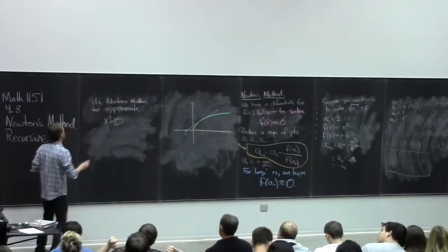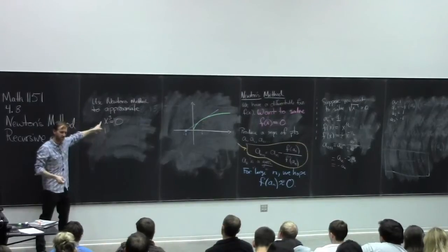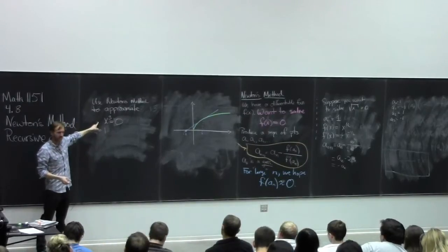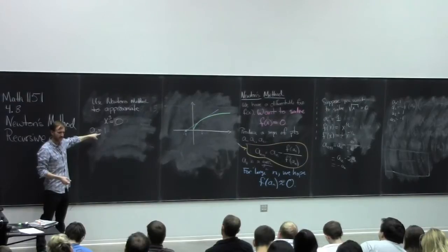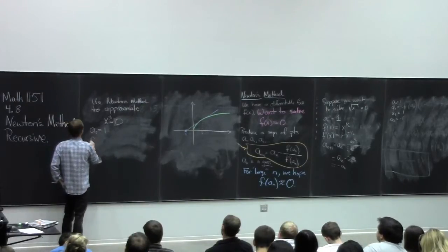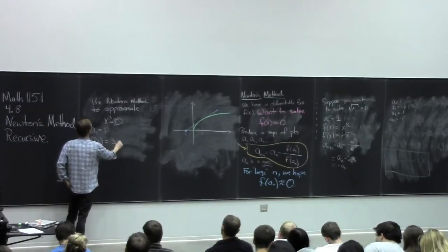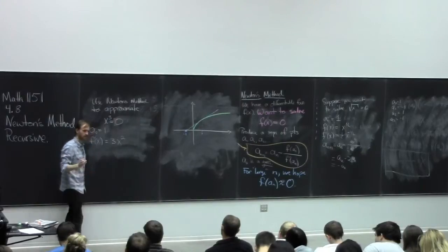Okay, again, we're going to make the bad guess of a0 equals 1. We're trying to solve this. 0 solves this, obviously. And let's see, what is f prime of x is equal to 3x squared.